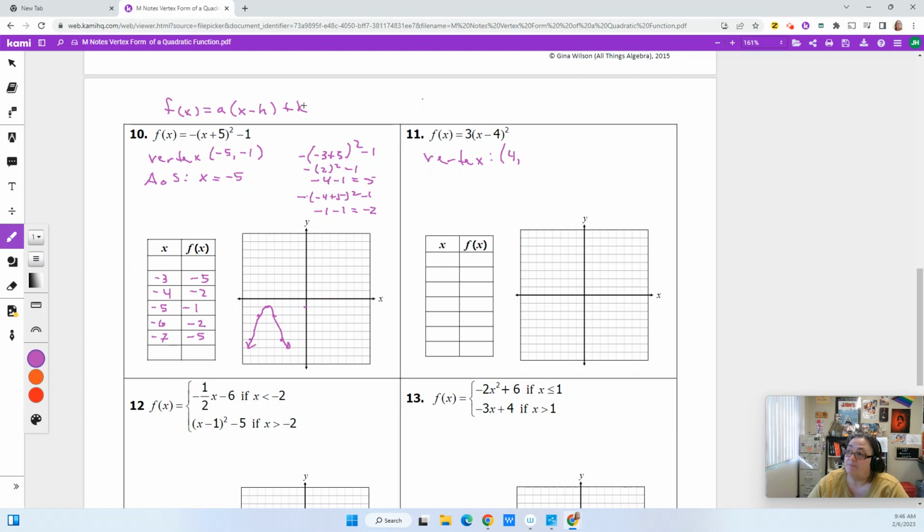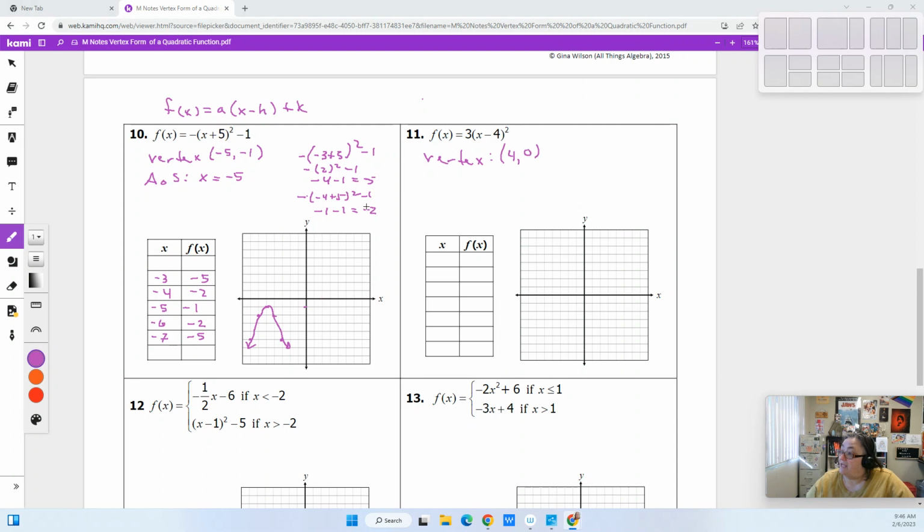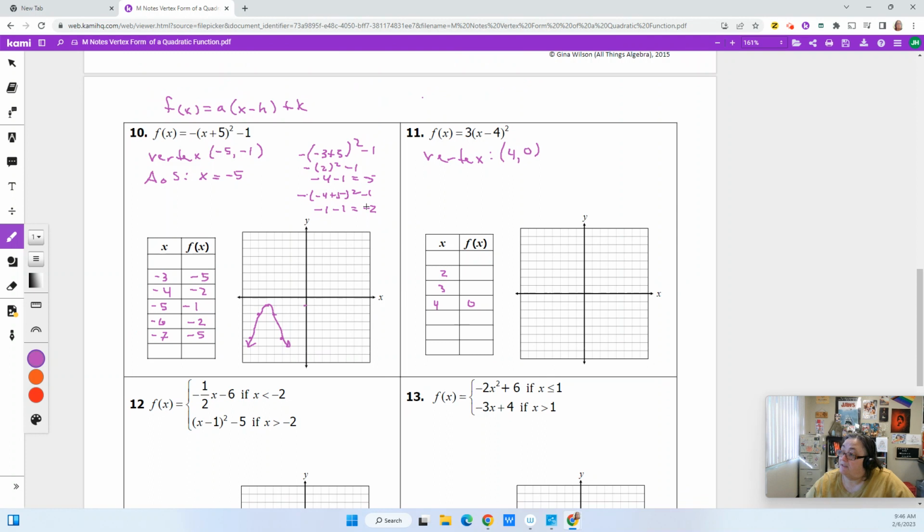If you look up here, we have this plus k, and that gives us our y value, and that not being there means that it is just 0. So that is going to be our center point. We're going to have this center point at 4, 0, and then we're going to build points around it.